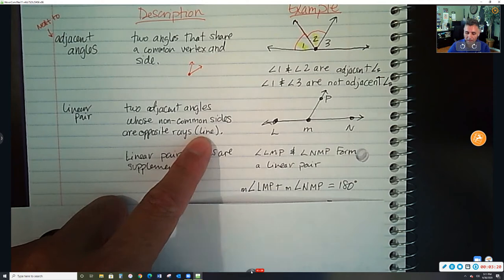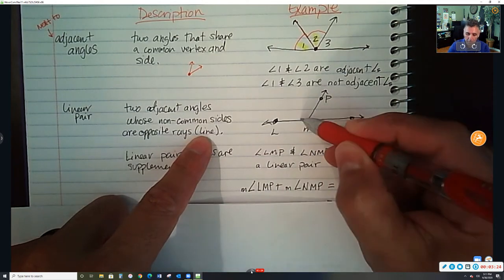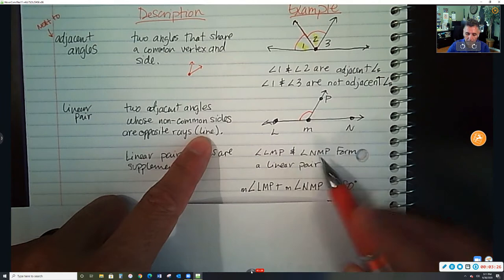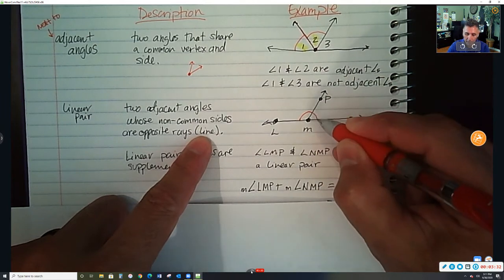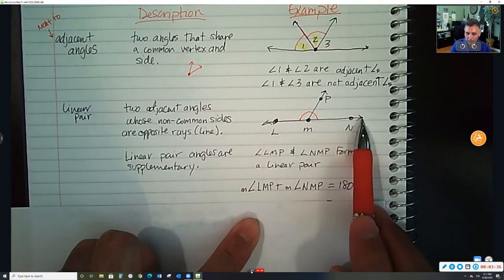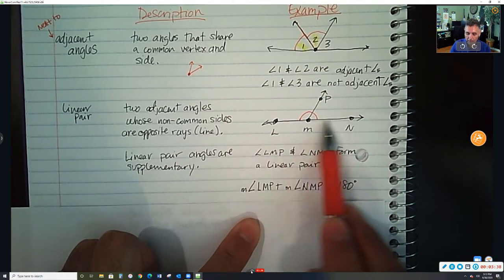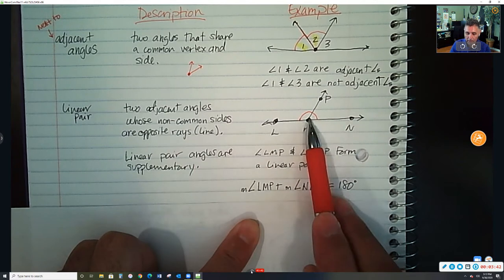So here we have these 2 angles, LMP, which is this angle, and then NMP, which is the other side. Together, if you look, they make a line. And technically, if we use that definition, these are opposite rays.